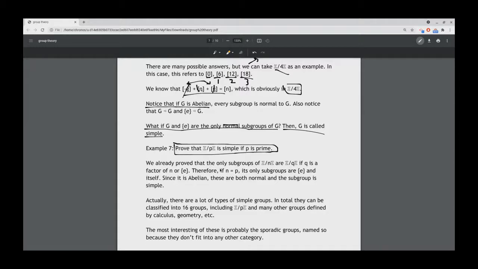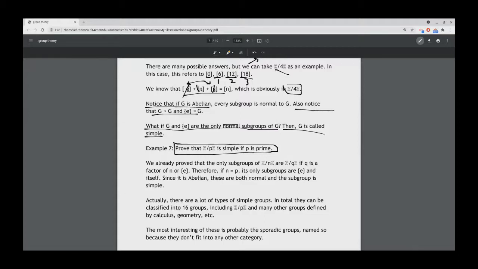Therefore, if N equals P, its only subgroups are E and itself. Since it's abelian, these are both normal subgroups. So the group is therefore simple.